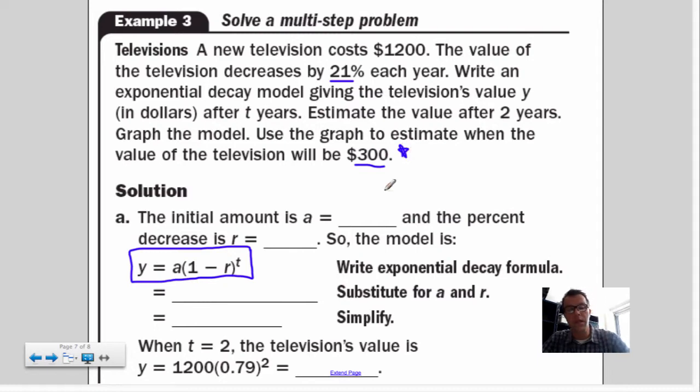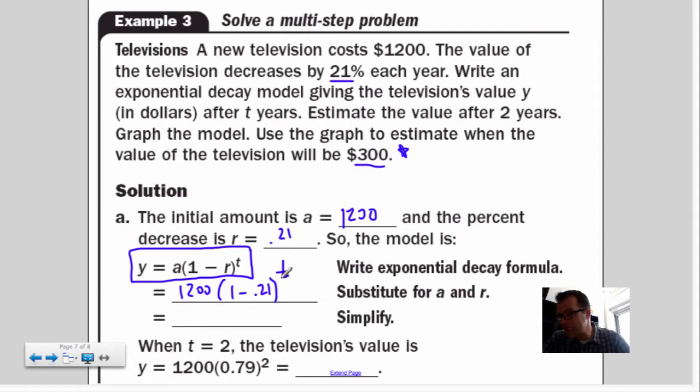So you should say the initial amount here is 1,200, right? And again, this percentage of 21% is written as 0.21 as a decimal. So your equation should look like 1,200 times (1 minus 0.21) to the t.